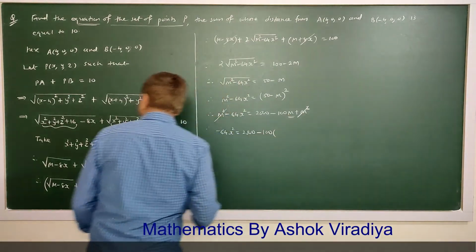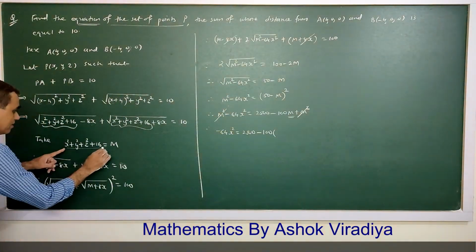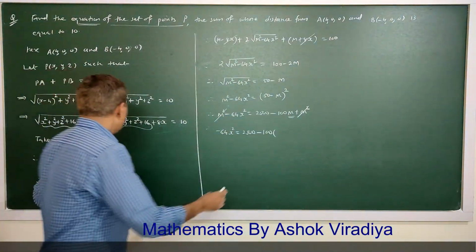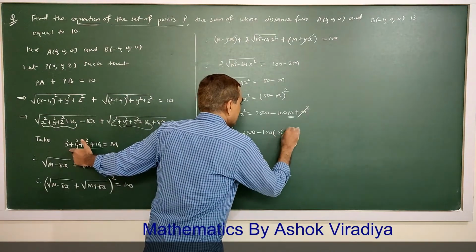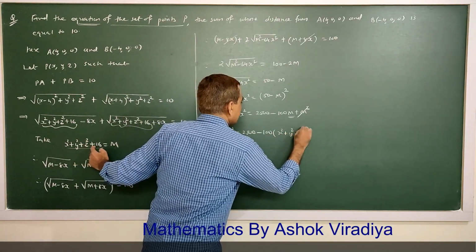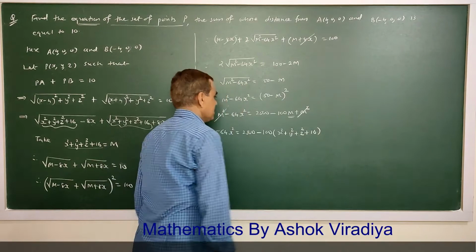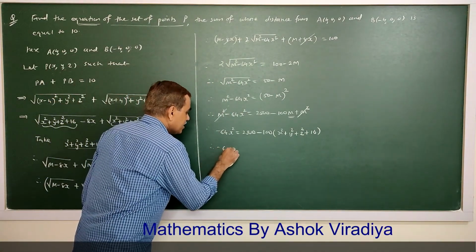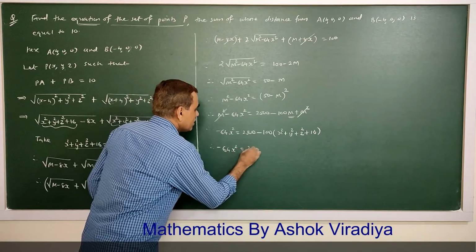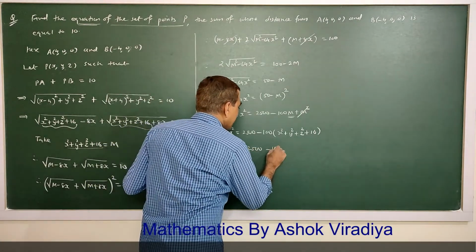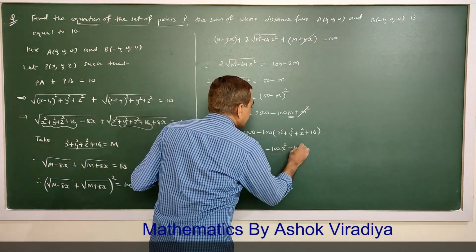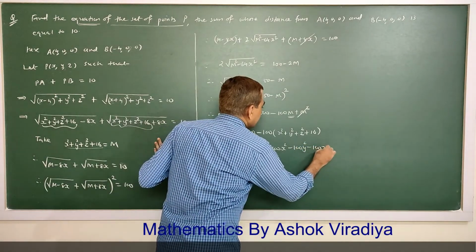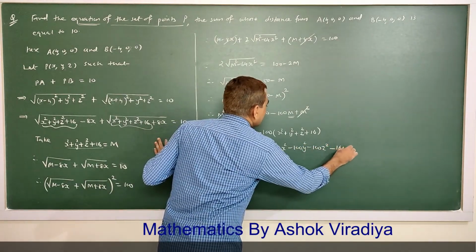Now what is m? Putting value of m here, x square plus y square plus z square plus 16. So this is minus 64x square equal to 2500 minus 100x square minus 100y square minus 100z square minus 1600.